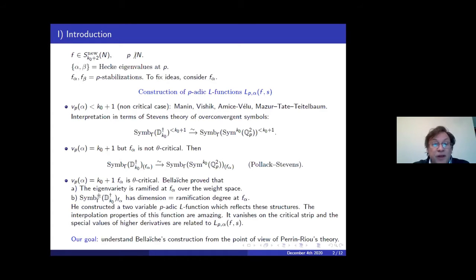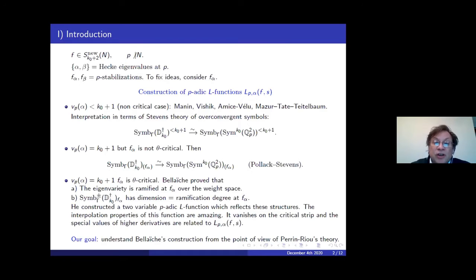For example, if we restrict this two-variable L-function to the point which corresponds to f_alpha, then this restriction vanishes on the critical strip.